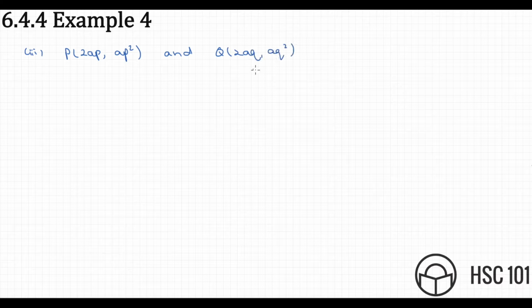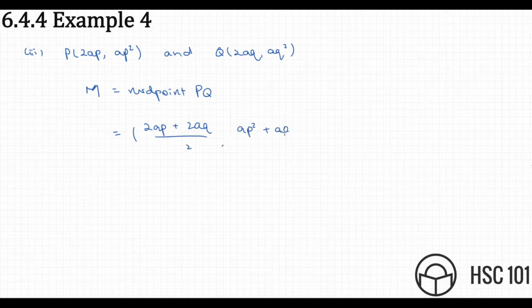Then, letting M be the midpoint of PQ, the midpoint is ((2ap plus 2aq) over 2, (ap squared plus aq squared) over 2).